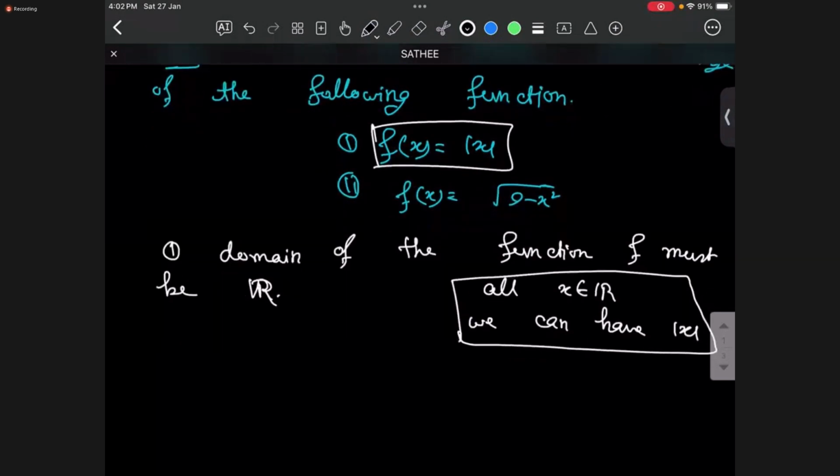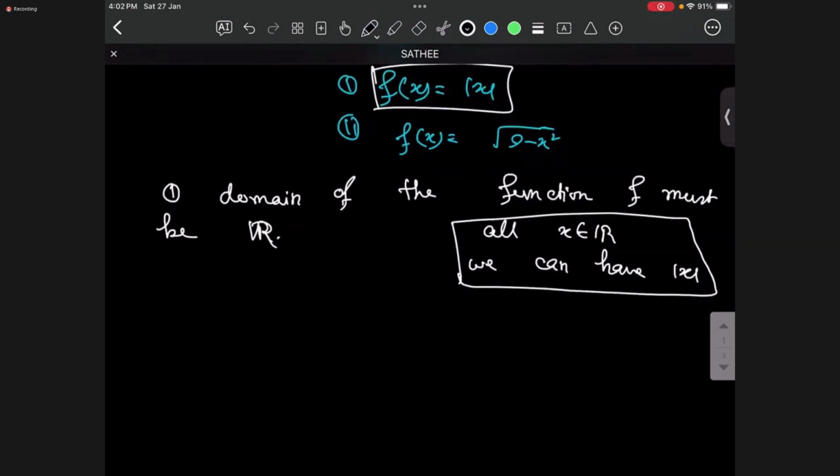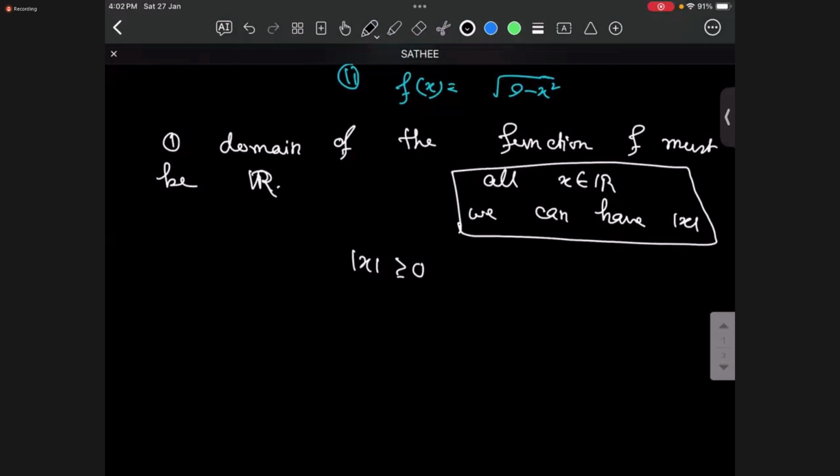But what about the range of the function? Mod x is always greater than or equal to 0. Therefore the range of the function f is the interval 0 to infinity, or one can say R greater or equal to 0.